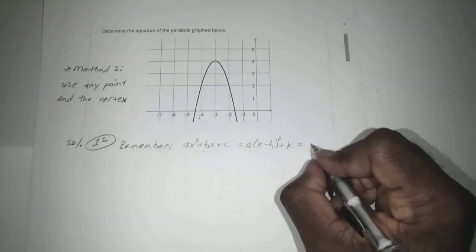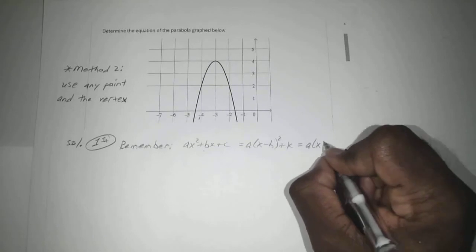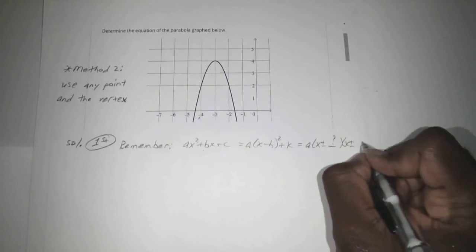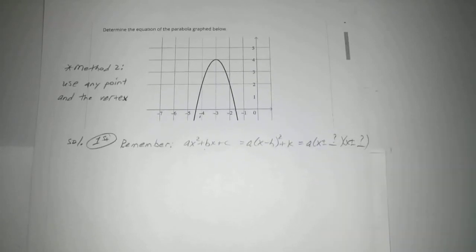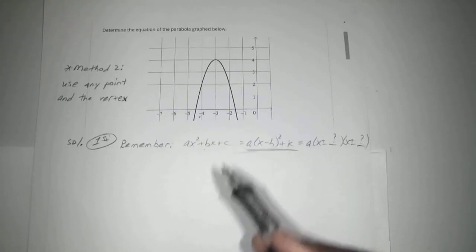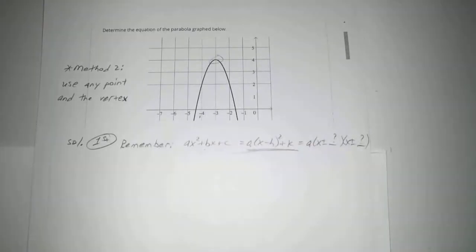And we also have our factored form of a(x plus or minus some value)(x plus or minus some value). But since we're not using the x and y intercepts, we use this method because we have a clear idea of what our vertex is. That's right on that spot. So we don't have to guess for that one.